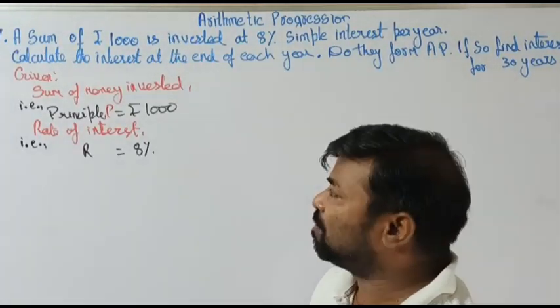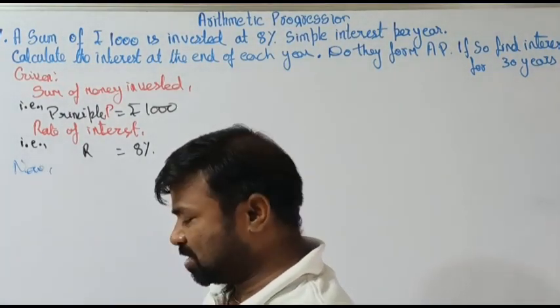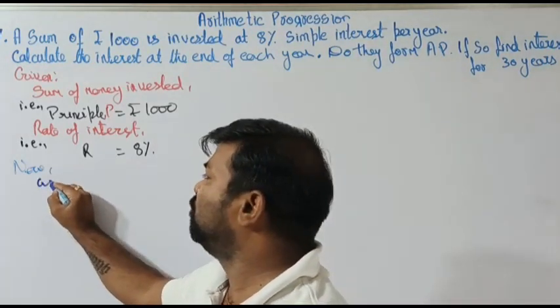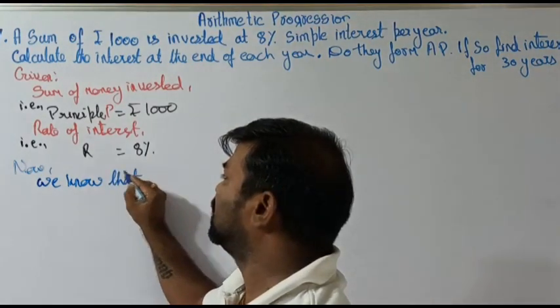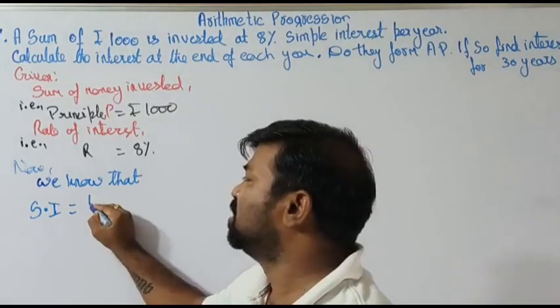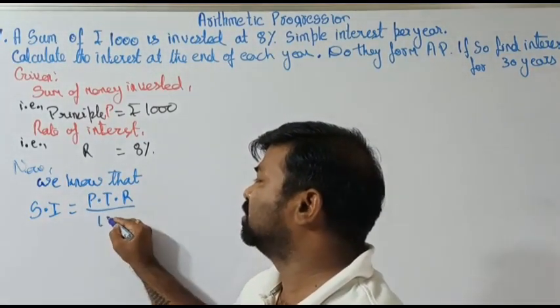Now, we know the formula. Generally, we know that simple interest is nothing but PTR by 100.